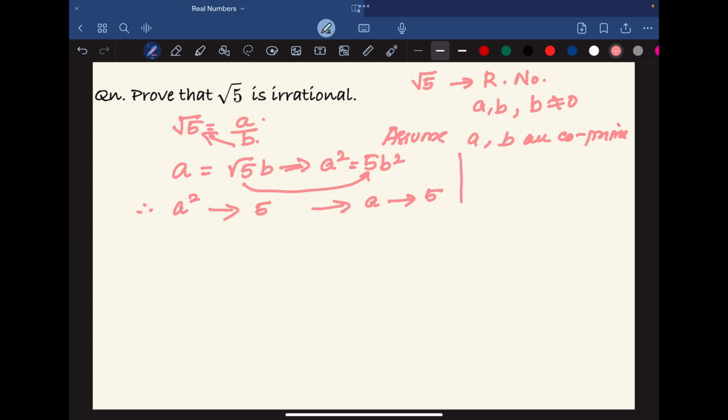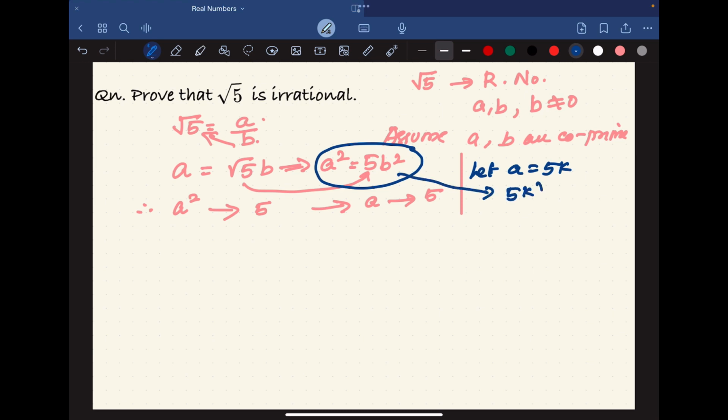Right. Now let a is equal to 5k. Wherever a is there, we are going to substitute it as 5k. So this will turn into 5k the whole square is equal to 5b square. That means 25k square is equal to 5b square, right? So can I write that b square is equal to 5k square? Yes.